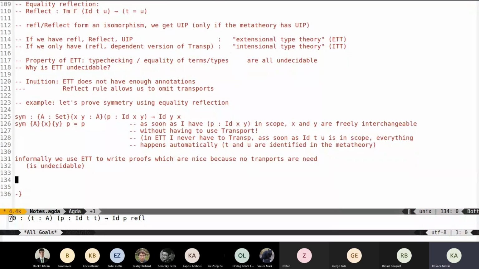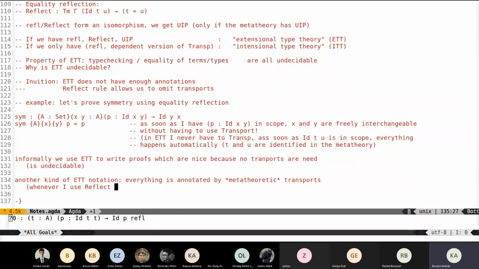But we can also write another kind of ETT notation, where everything is annotated by meta-theoretic transports. Here I am writing something in the syntax of ETT, but whenever I use reflect, I have to mention a meta-theoretic equality proof.